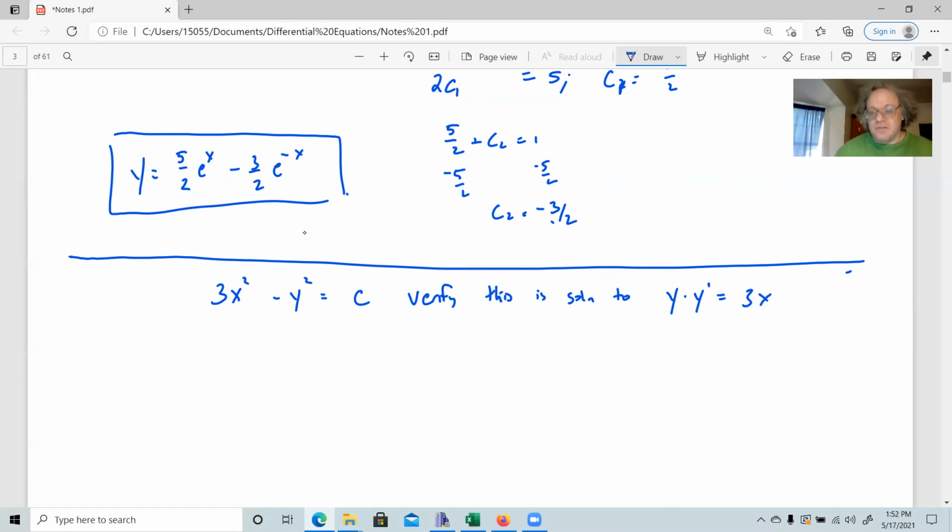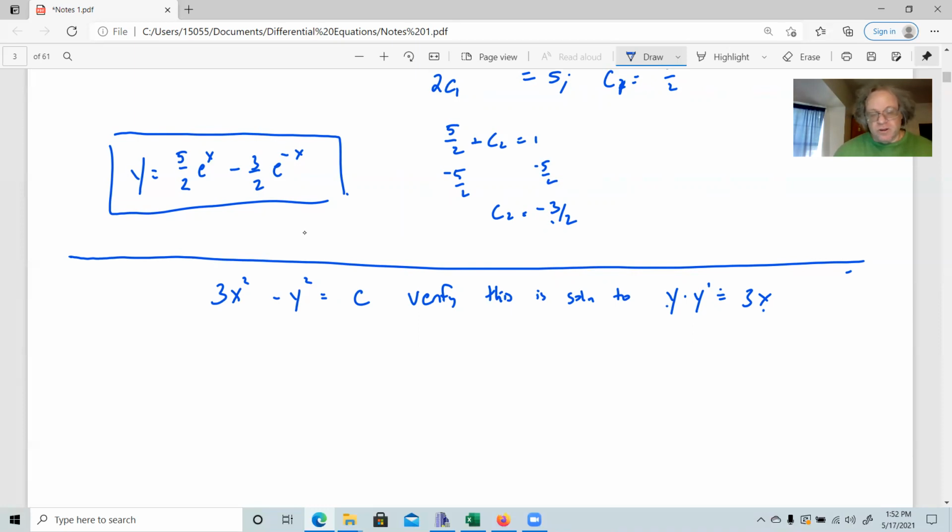A nice nonlinear first order equation, because we have y times y prime, an interaction between y's. It's not linear anymore. But it is ordinary, because even though we have an x and a y, we're just going to take the derivative with respect to x. So first order, nonlinear, ODE.